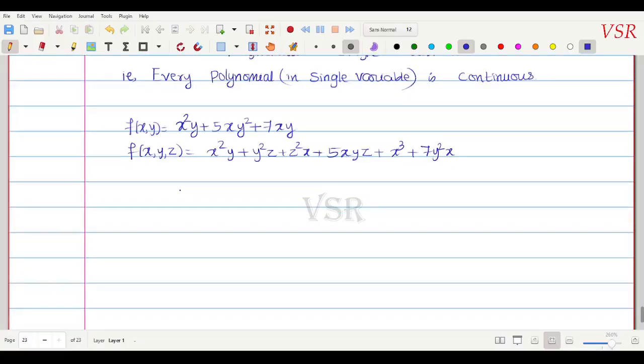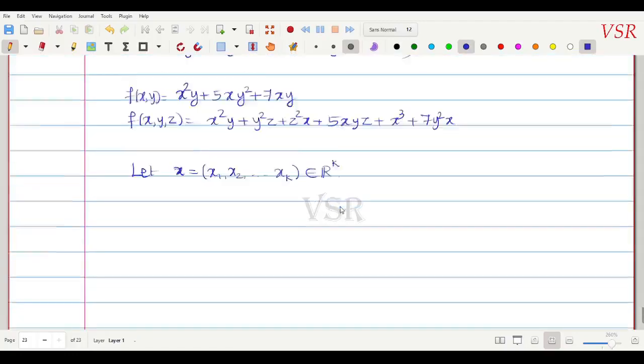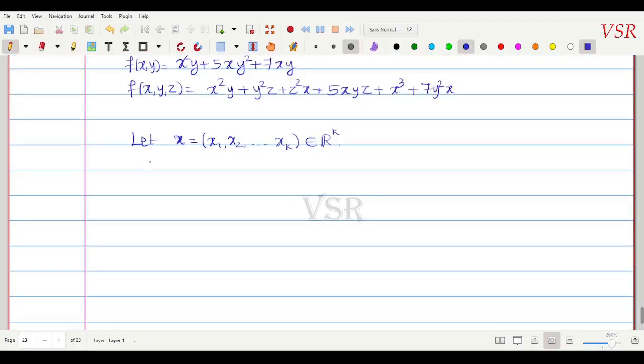Okay, so consider, let x அப்படிங்கற ஒரு வெக்டார், x is a vector. இது எப்படி இருக்கும்? x1, x2, ..., xk. This is a vector in எங்கன்னா r power k ல. Okay, now define phi 1 is a function from r power k ல இருந்து r போற மாதிரியான function.